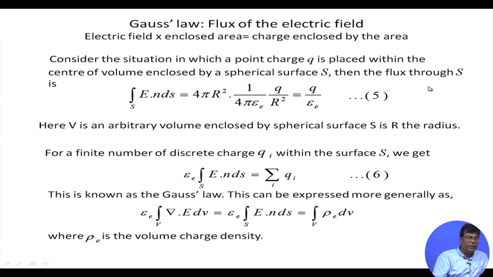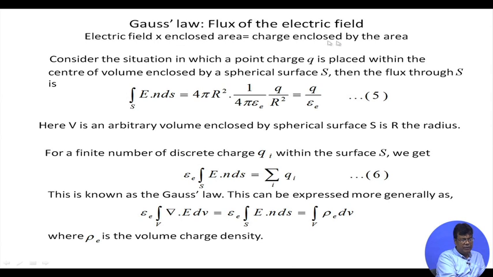Now, what we need is a situation to get an equation for the electric field. One of the laws is Gauss law, which gives the electric field over an enclosed area.